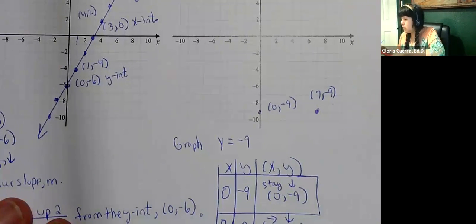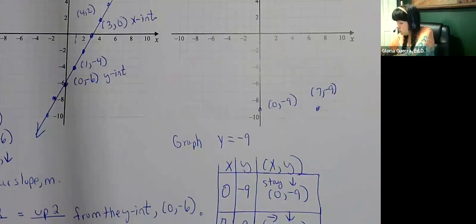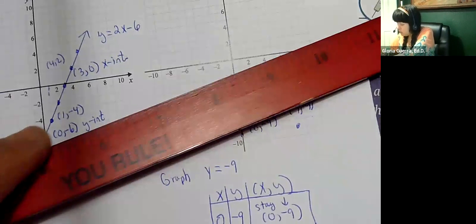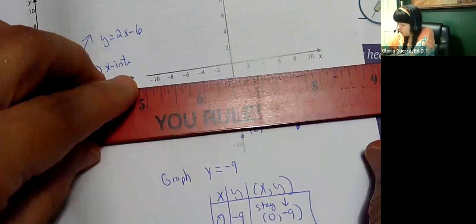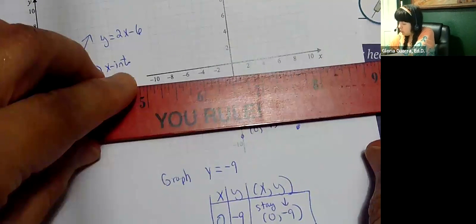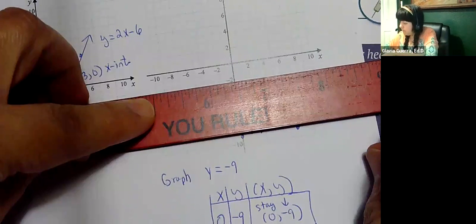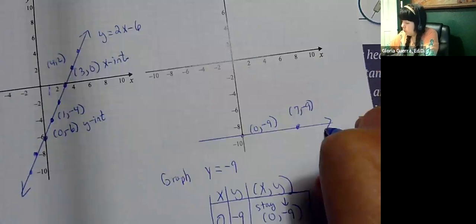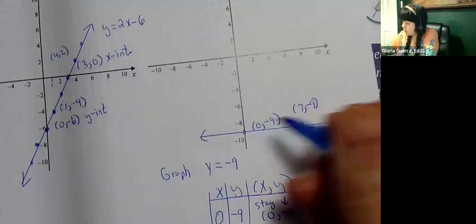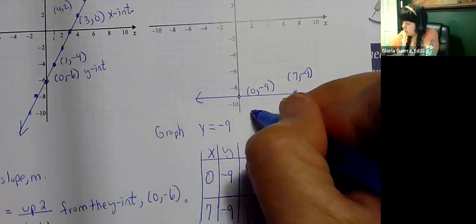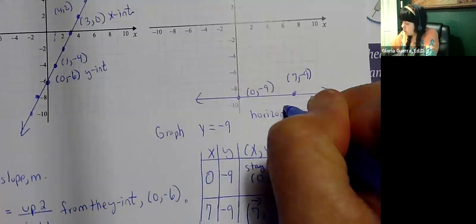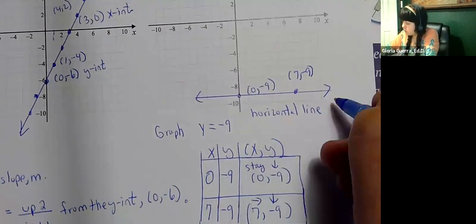Okay, and then you connect your points. And that looks like it's going to be a horizontal line. And that is going to be y equals -9.